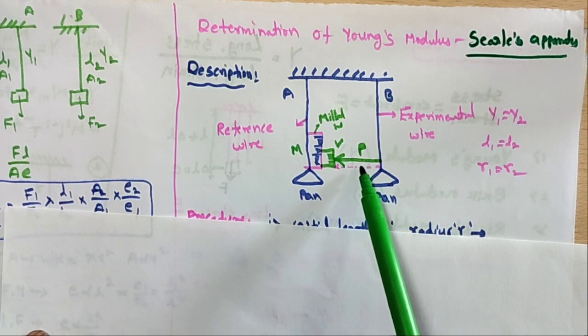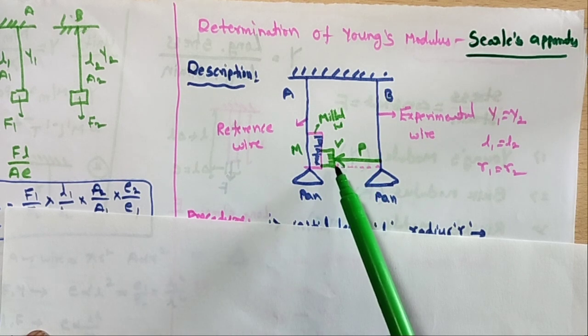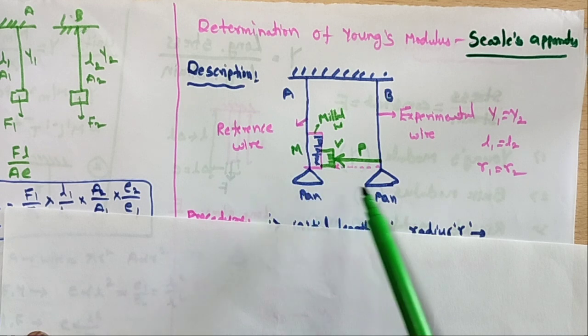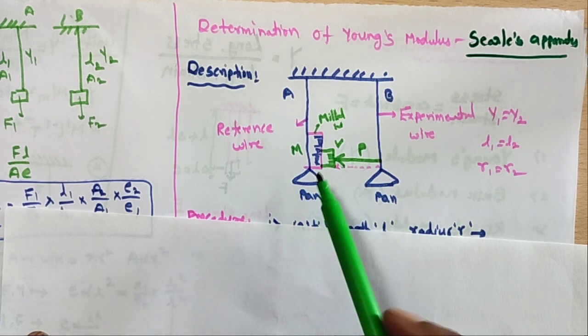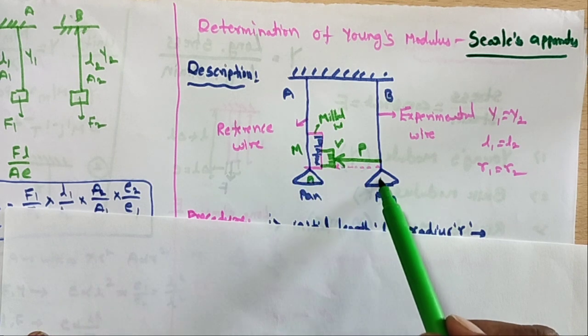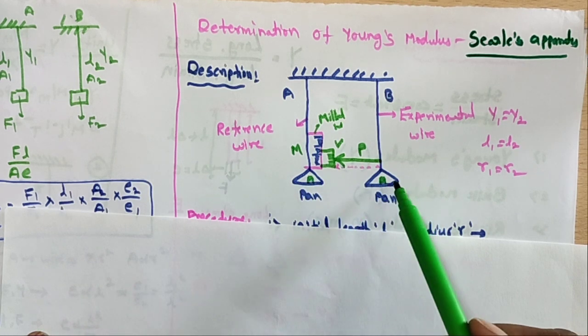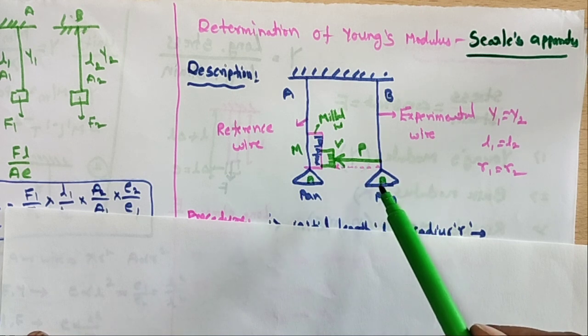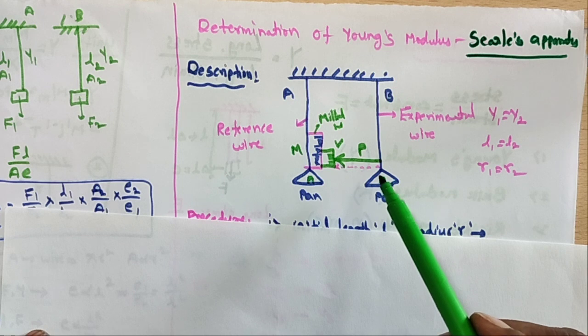This pointer indicates the value of the vernier scale. And A and B have two pans. In pan A, it has some weight. In pan B, the weights are unknown. So this is the complete description of the given experiment. So what is the procedure?